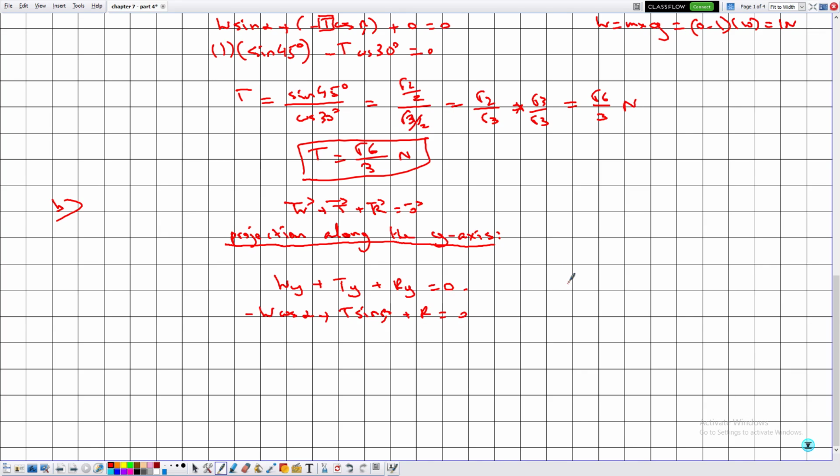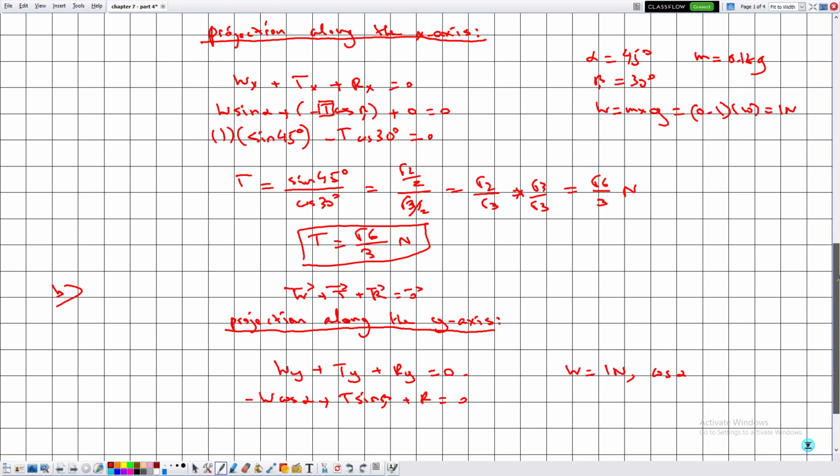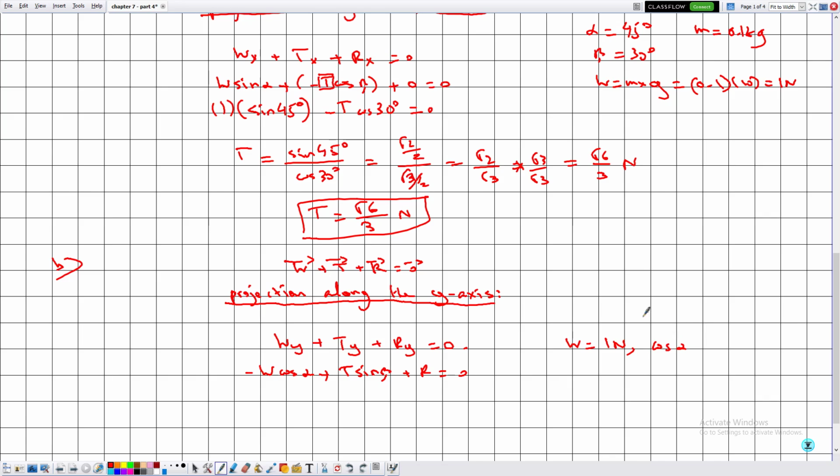Now the value of w is given by 1 newton. The value of cosine alpha, so alpha is equal to 45 degrees and beta is equal to 30 degrees, and the value of t is equal to square root of 6 divided by 3 newtons.